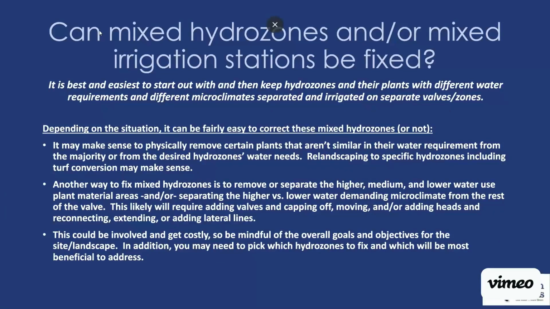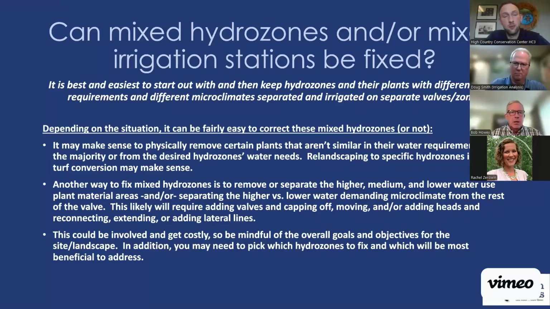So just knowing about plant material, considering microclimates, and also the types of irrigation, and how those relate to the amount of water I'm putting out in this area on this valve, is how to think rightly about hydrozones and how to be more efficient and appropriate in your water use.